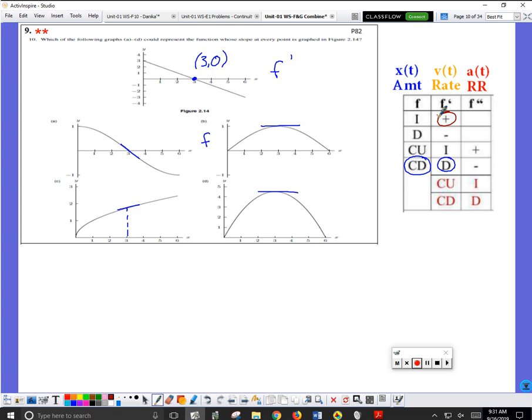So from x equals 0 to x equals 3, f prime is positive. So over that same span, f should increase. That's also unhelpful. Cool. From x equal 3 to x equal 6, f prime is decreasing.